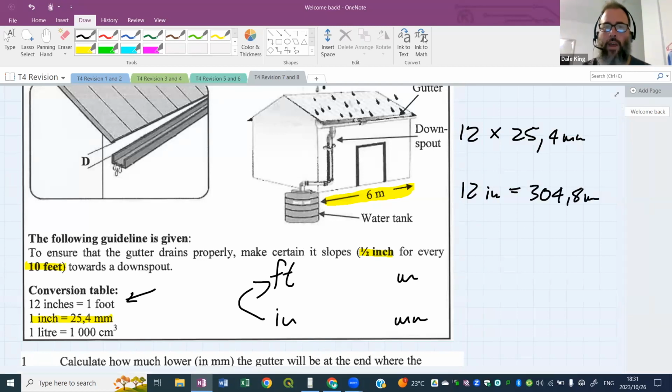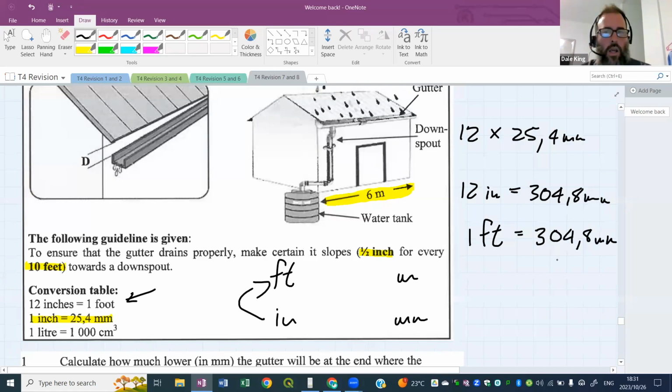You guys must be happy with that. Now, 12 inches, according to the conversion on the bottom left, is 1 foot. So I can write here 1 foot equals 304,8 millimeters.